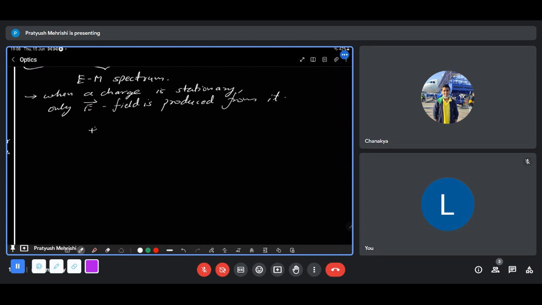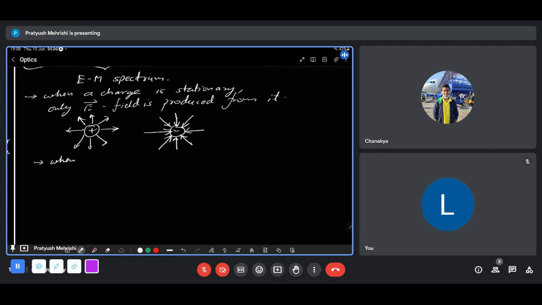In what manner? If it is a positive charge, then the electric field will always be directed in outward direction, like this. The electric field will originate from the positive charge and it will end at the negative charge. Okay, like this.